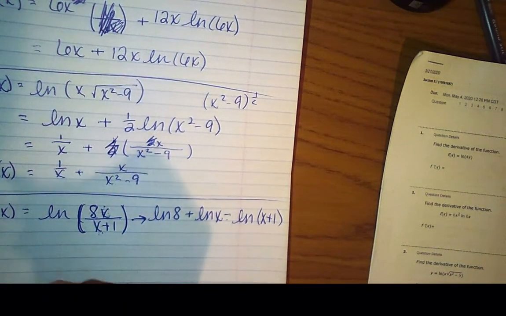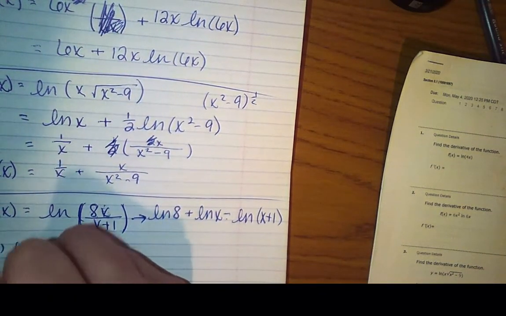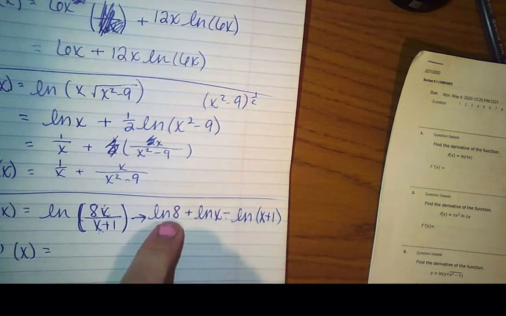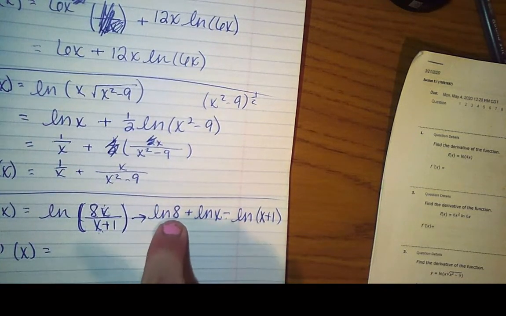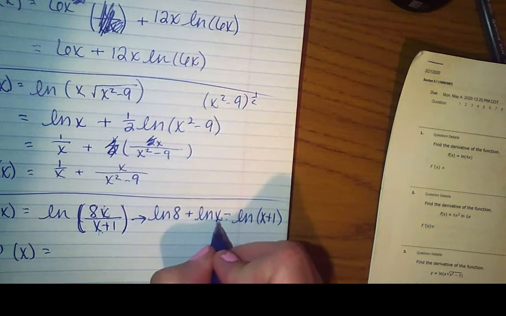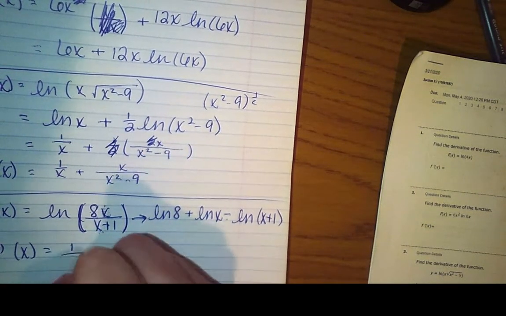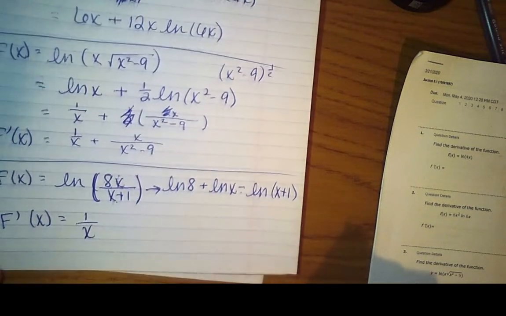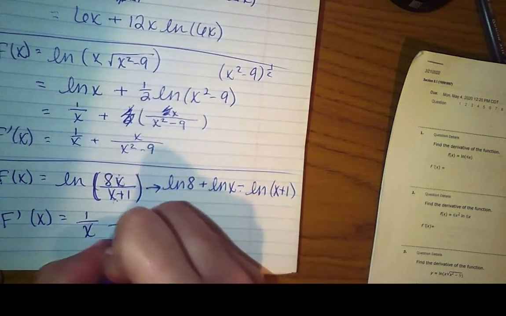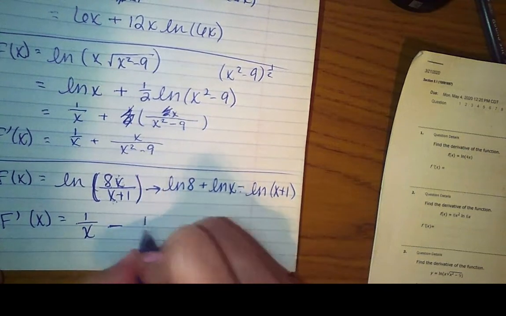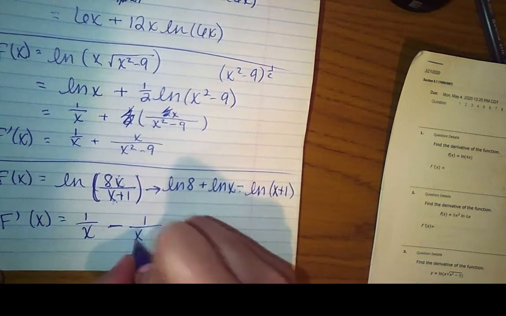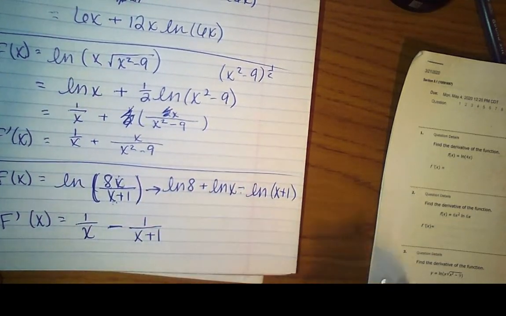Well, now that makes it extremely easy for me to take a derivative. The derivative of the argument is 0 over 8, so that goes away. The derivative of x is 1 over the argument itself, and then minus the derivative of x plus 1 over the argument itself. And now you're done. We've differentiated.